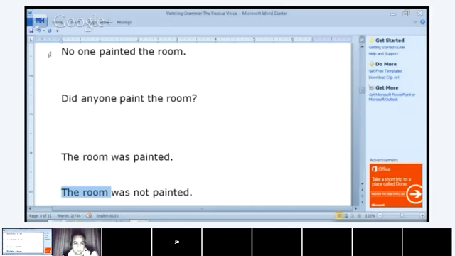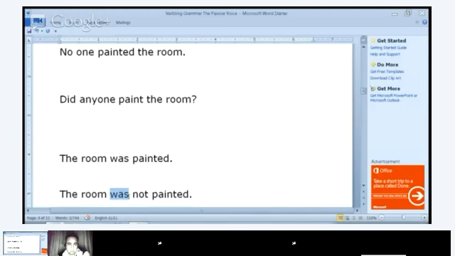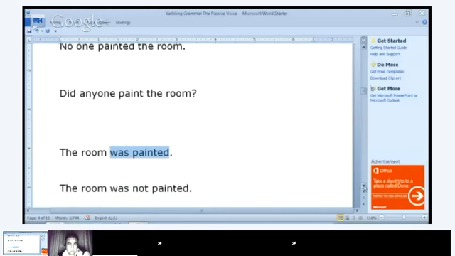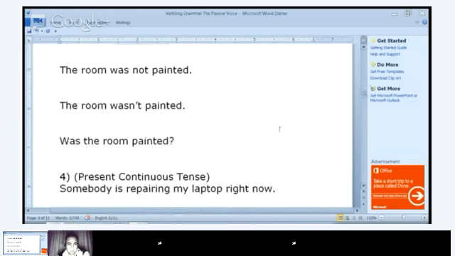And now we don't want to talk about who painted. We want to talk about what happened to the room. The room was not painted, or the room was painted. And so that's the idea with the passive. And so let's try this one.